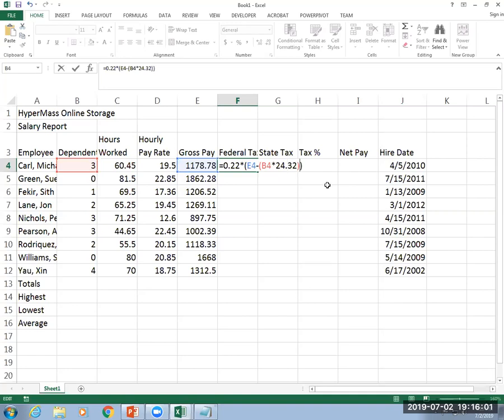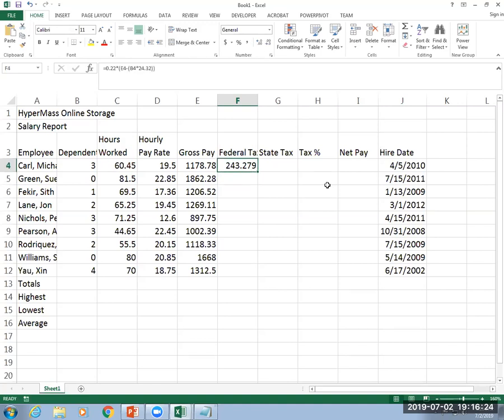That's what the federal government gives us as the amount. And so when I press enter, I should get $243.28, basically.